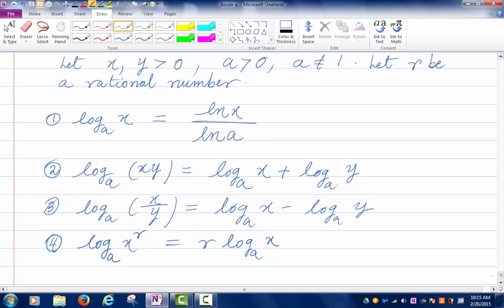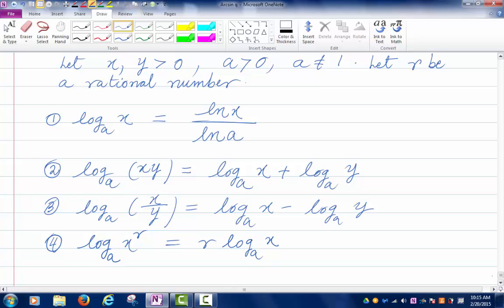Now look at number 1. Can someone tell me what's the derivative of log base a of x? Yeah, 1 over x times 1 over ln of a. We just use the natural log to find it.